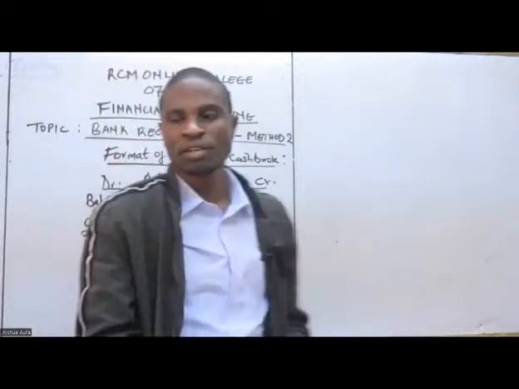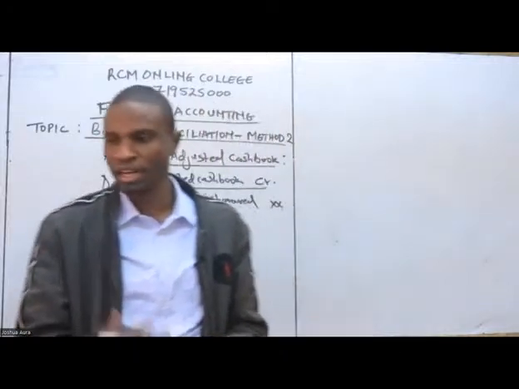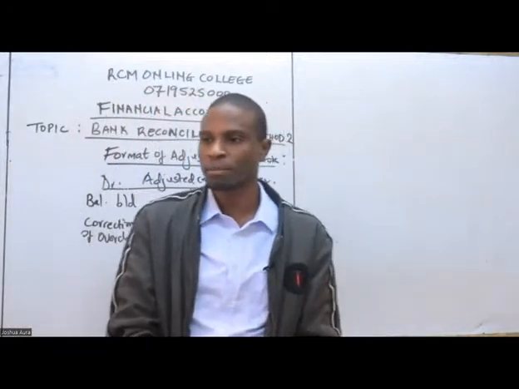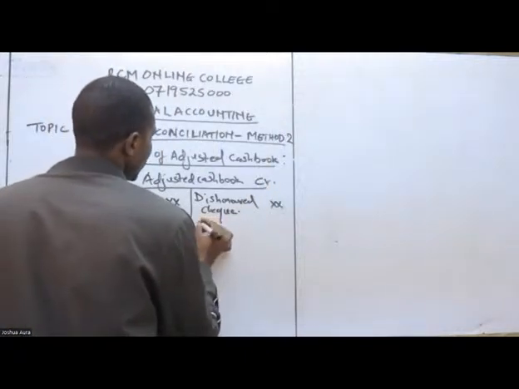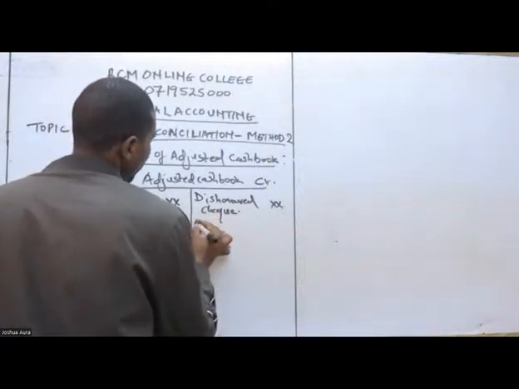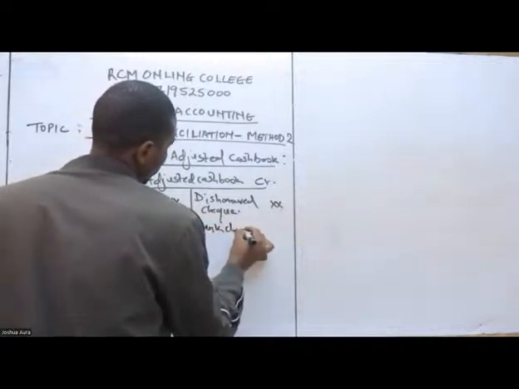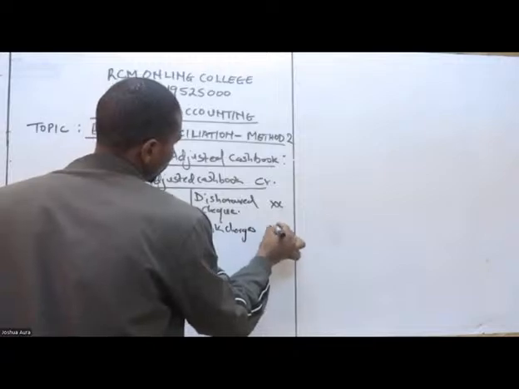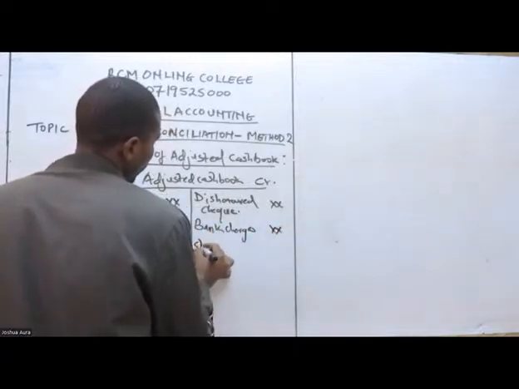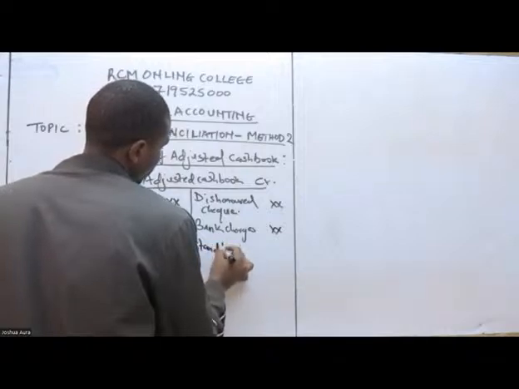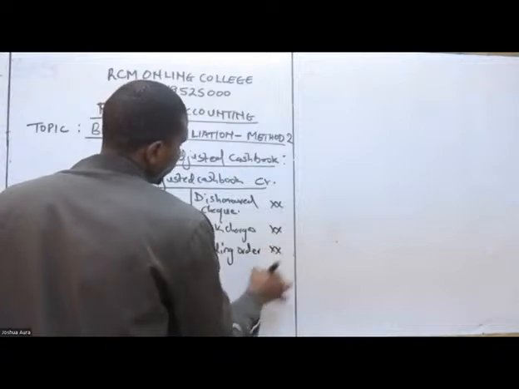You might be having something like standing orders and bank charges. All these charges we credit. These are payments. You're just paying, and that amount you should credit.